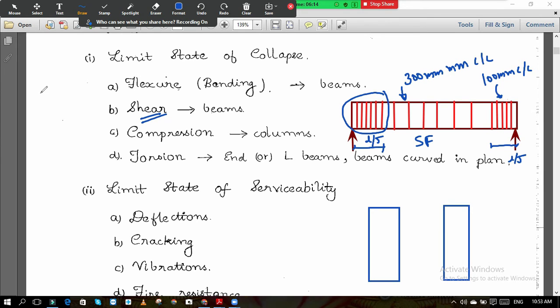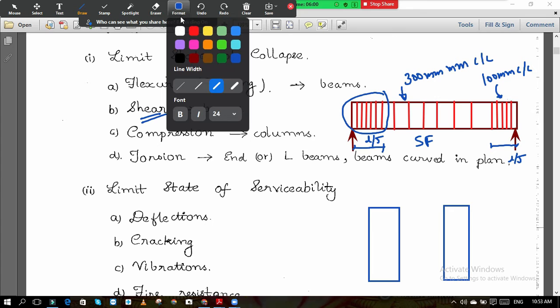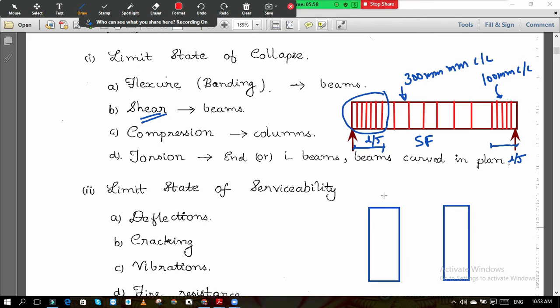And if the load is along its length, that is along the axis or away from the axis, whatever may be the thing, but it should be in the line of that axis. So here, if I draw the axis, these are the axes of the columns.